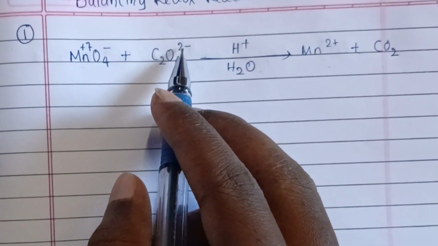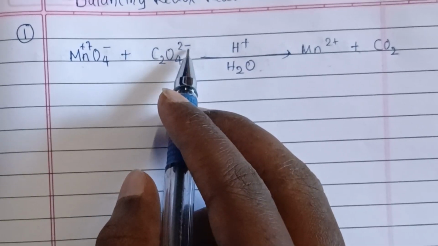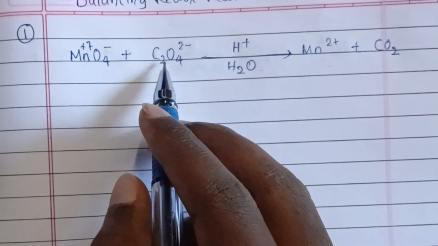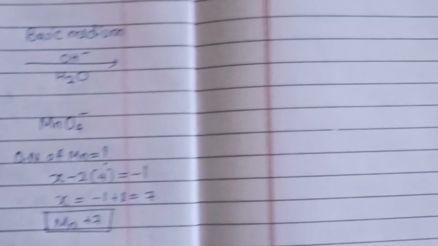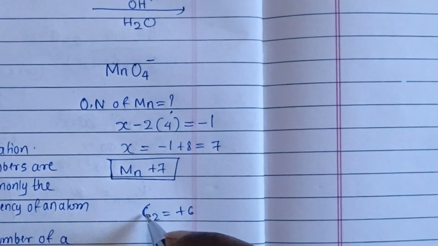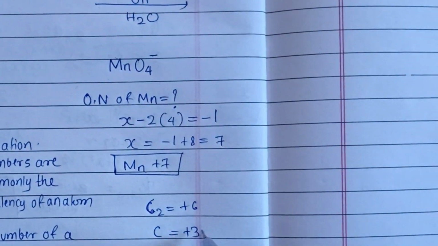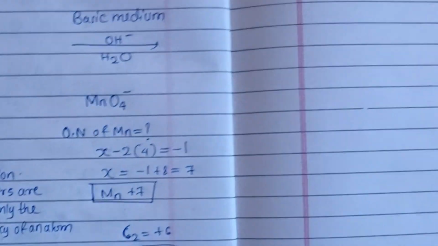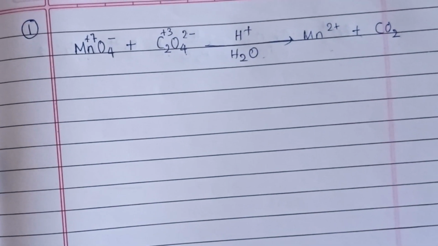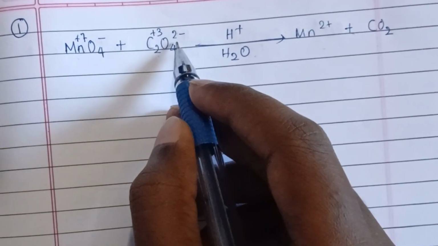When -8 goes to the other side, that will be +8. So -2 plus 8 will be +6. So in this case, C2 will have plus 6. If you have C2 as plus 6, then there are two of them, so a single carbon will have plus 3 as its oxidation number. So I will write plus 3 on this. Then only the total charge of this compound will be neutral, or 0.